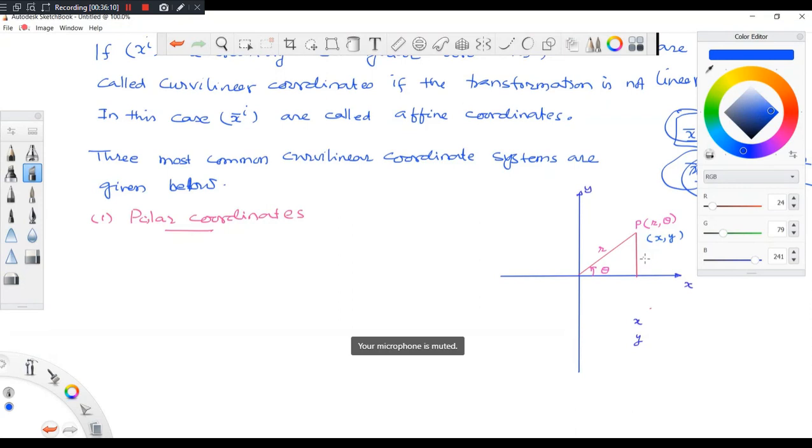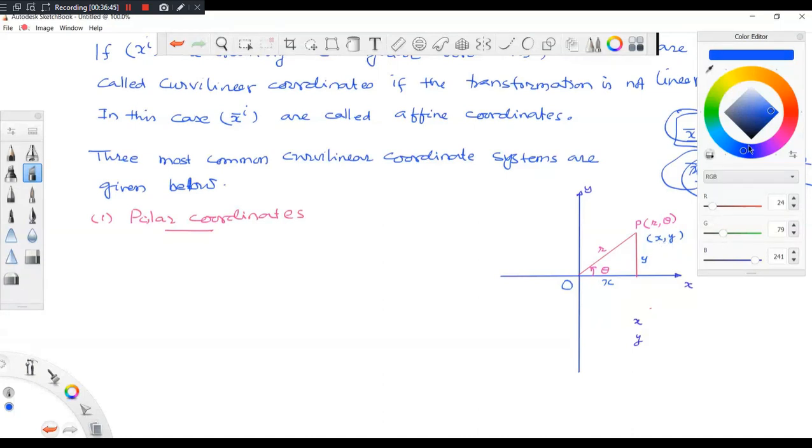This is my x, this is my y, and this is the origin. I have shown two coordinate systems in a single figure: one is the rectangular coordinate system, another is the polar coordinate system. For the polar coordinate system, I need a horizontal line, called the initial line, and an angle. Two things are needed, distance and angle. Here both are distances.